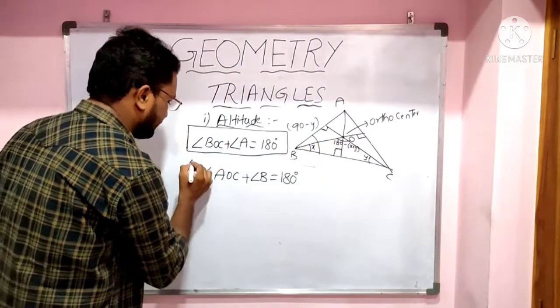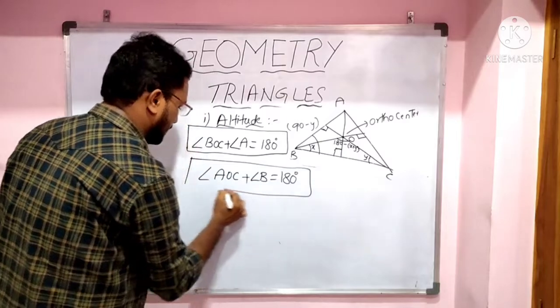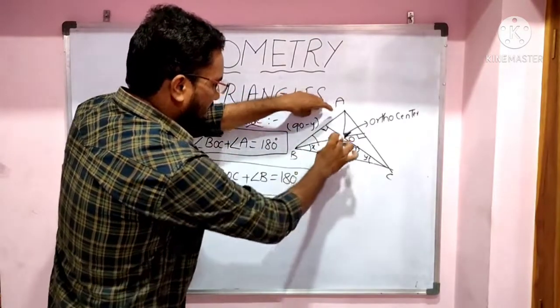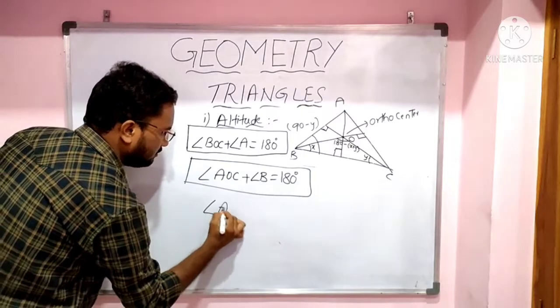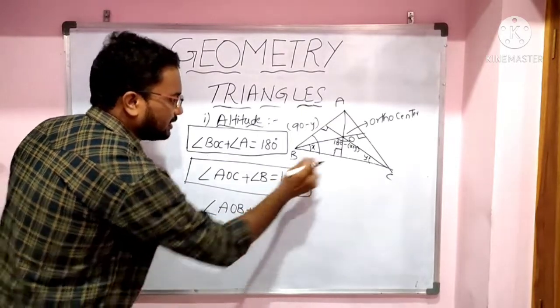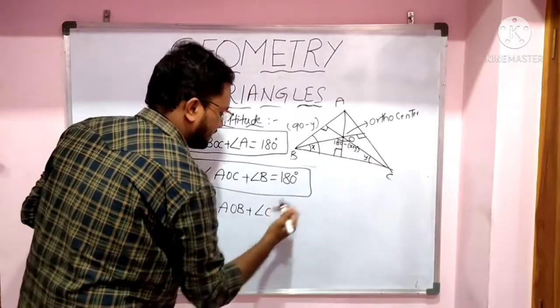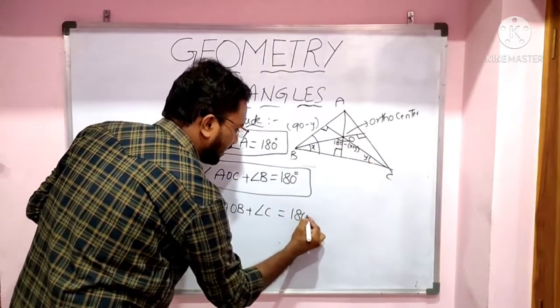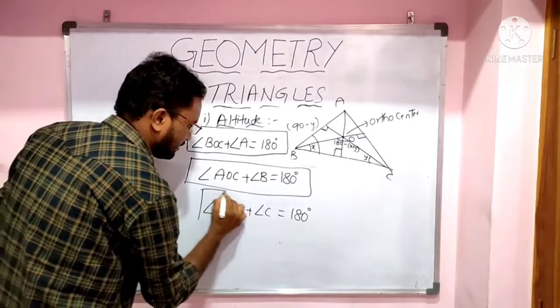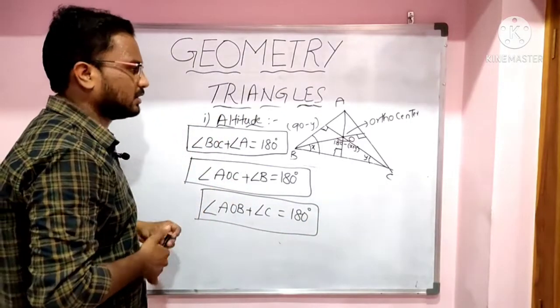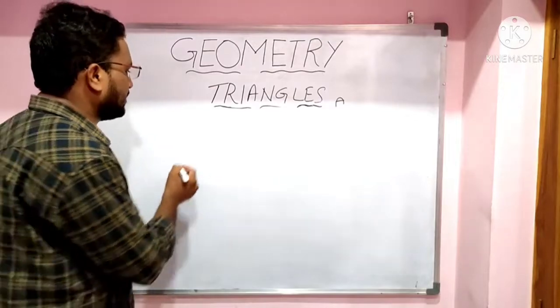And similarly, angle AOB plus angle C is equal to 180 degrees.